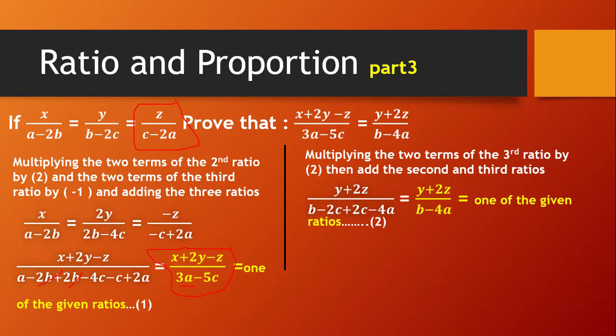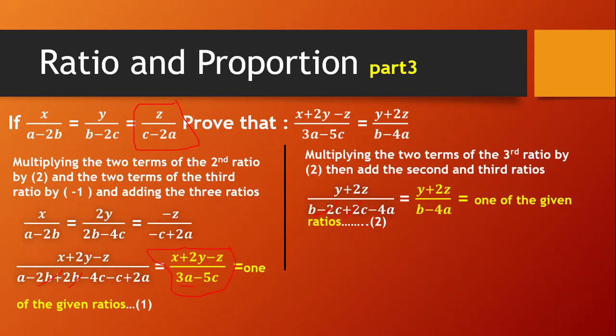Then I'll add y plus 2z over b minus 2c plus 2c minus 4a. So we have y plus 2z, here 2c and negative 2c, 0, over b minus 4a. This is also one of the proportions.